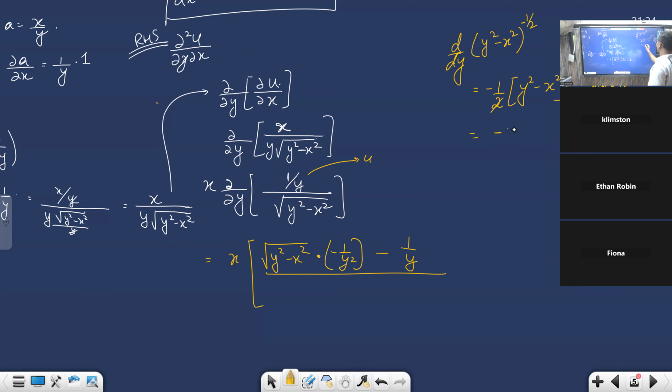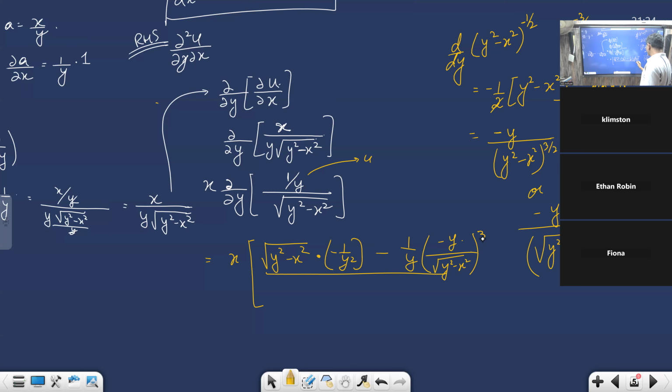minus y upon y square minus x square to the power 3/2, or minus y upon under root of y square minus x square to the power cube, because I've kept root over there, and you can say this as into minus y under root of y square minus x square to the power cube.